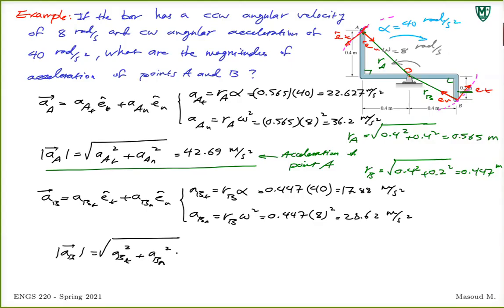Once you have two components in the coordinate system, just take the square root of the sum of the squares of both, and you'll get 33.75 meters per second squared. All right. So this becomes the acceleration of point B.